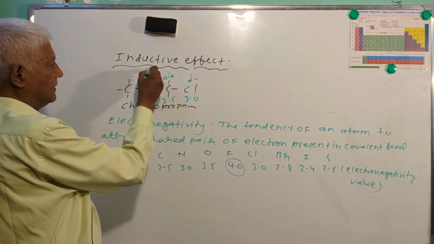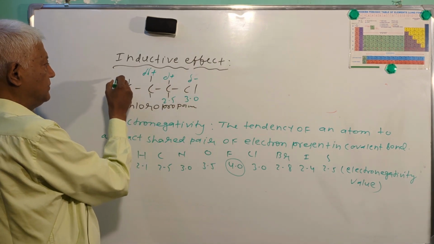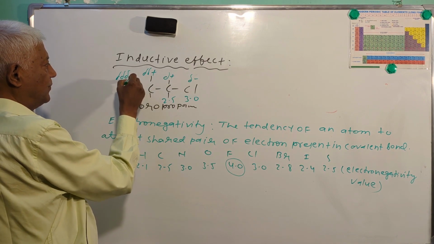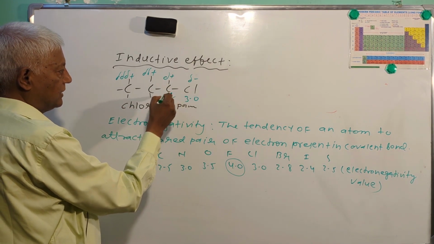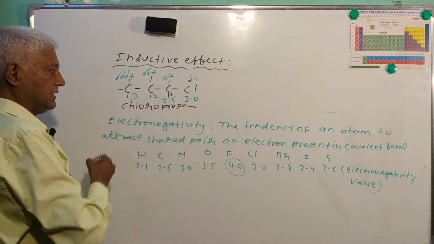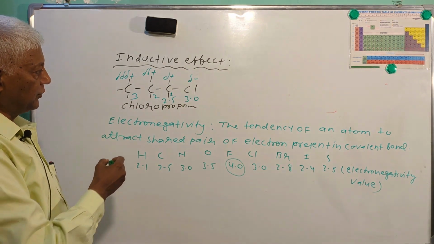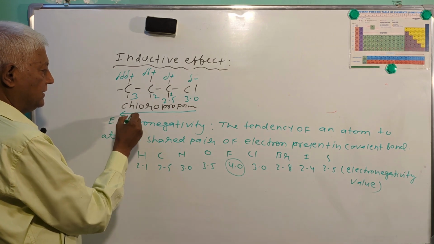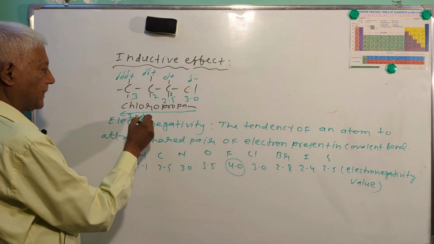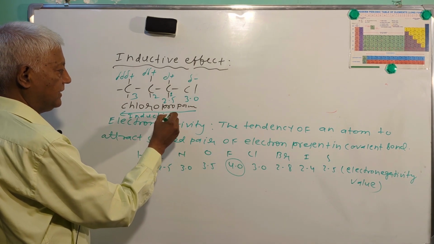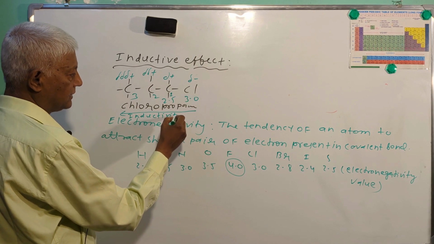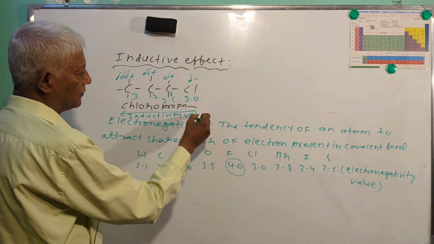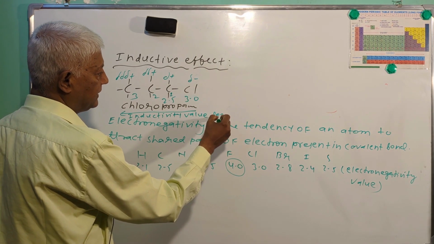Suppose this is carbon 1, carbon 2, carbon 3. As you go from right to left, the inductive value decreases.